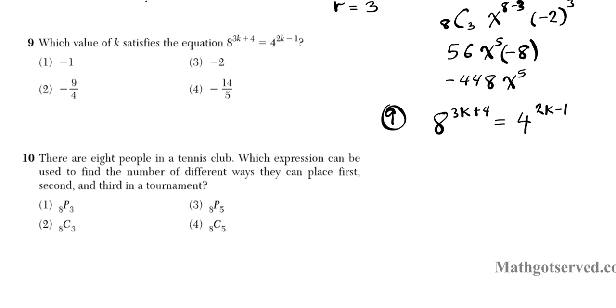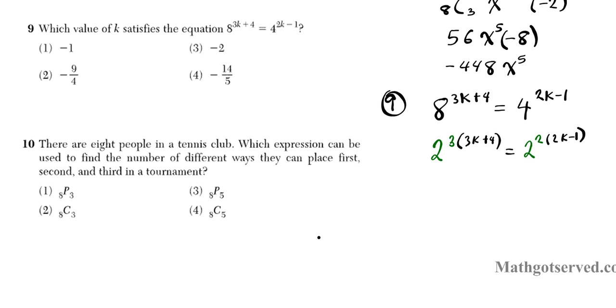So I can express 8 as 2 to the third power, raised to the existing exponent, which is 3k plus 4, equals, and instead of 4, I express 4 as 2 to the second power, raised to the existing exponent, which is 2k minus 1. Okay?